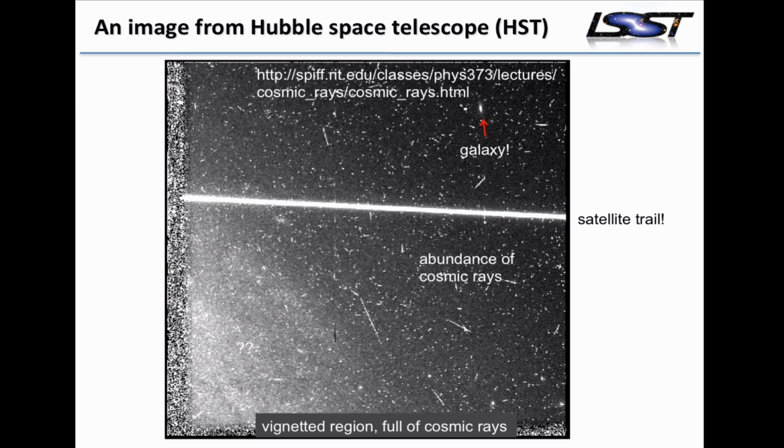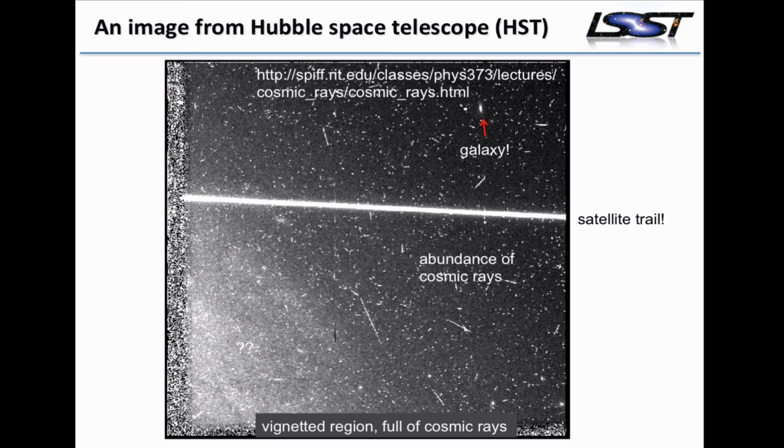The thing that streaks across the middle is actually another satellite in orbit imaged by HST as a streak. There is an abundance of cosmic rays. Some of them are lines, some of them are points. They're all over the place. One legitimate source up there is a galaxy, and we don't yet know what this funny halo on the bottom left-hand side is. Could be some defect, could be condensation, who knows what.